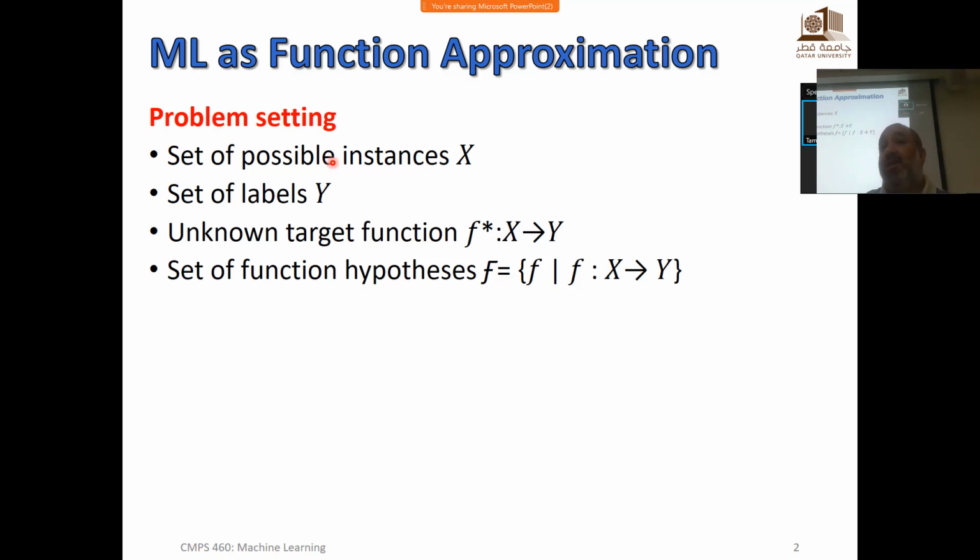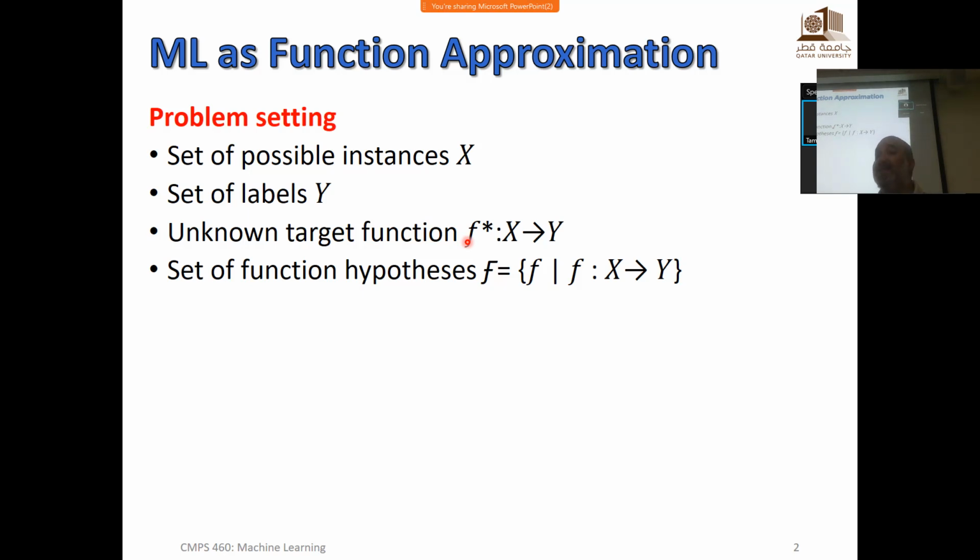But the main machine learning challenge is that we don't know this function and we want to know it. Of course, what we will be able to do is to get a function that approximates that target function.